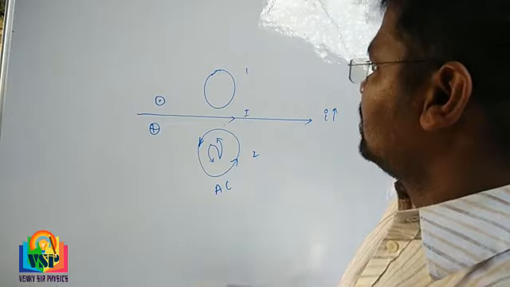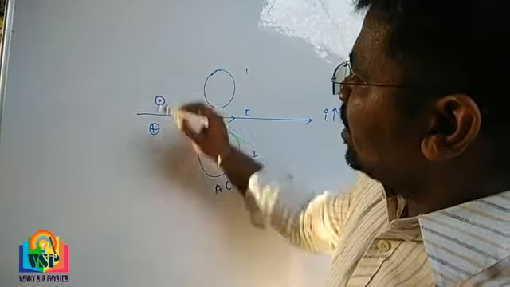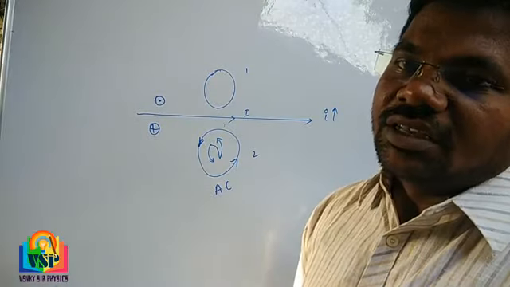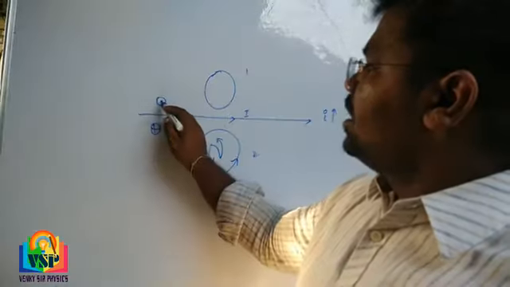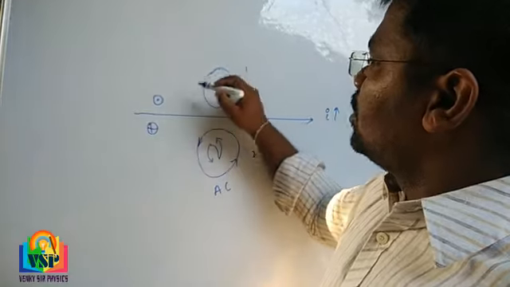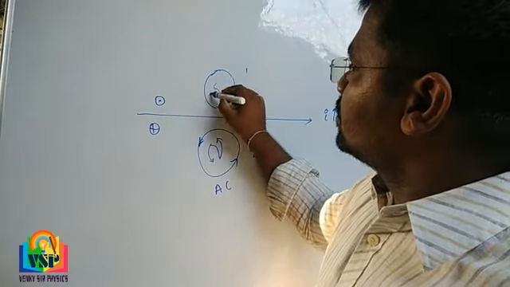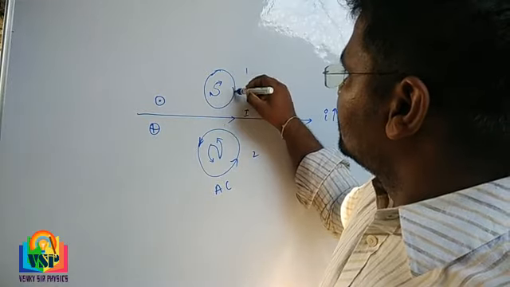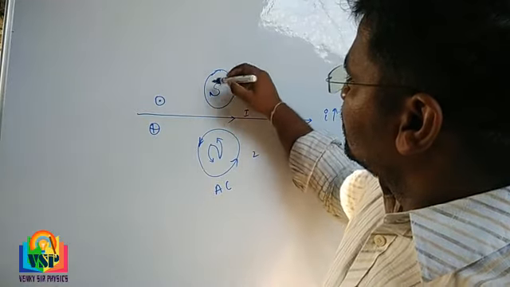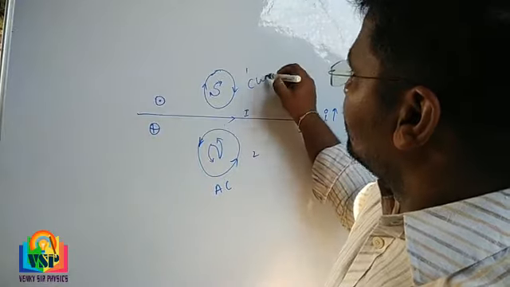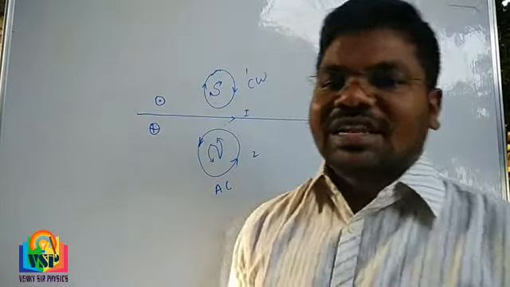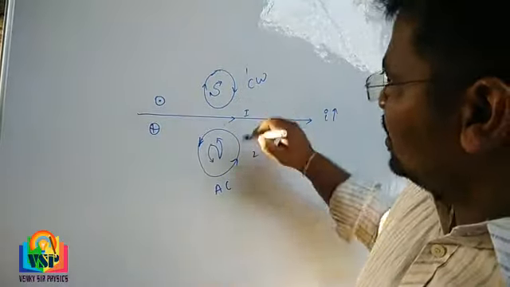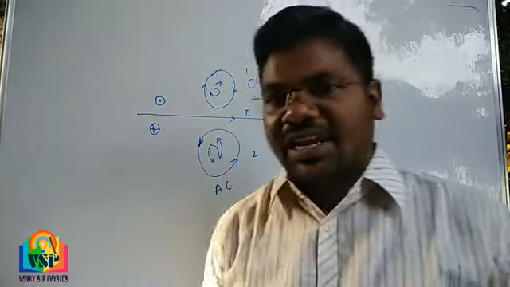Here out from the board means we can say that is south. Here south is opposed by south. So here clockwise. Clockwise, anti-clockwise, clockwise direction. Here anti-clockwise direction.